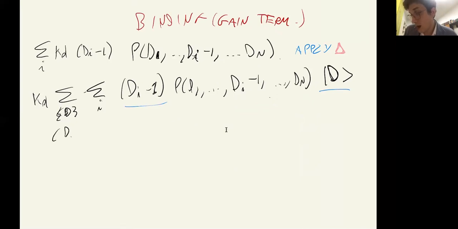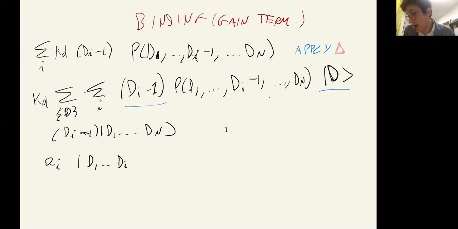So this will be d_{i-1}, and we want to write it in terms of raising and lowering operators. So we can reason as follows: how can I get d_{i-1} as a number? You can get it if you apply a_i to this vector, right? To d1, ..., d_{i-1}, ..., dn.